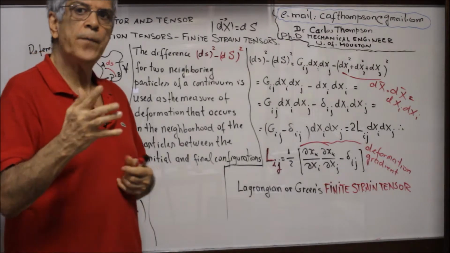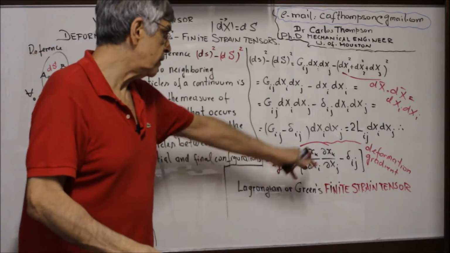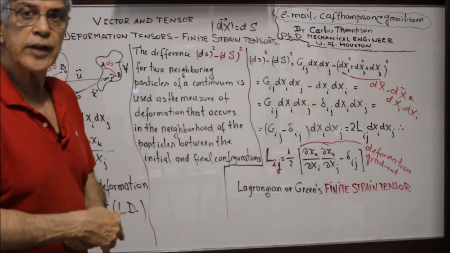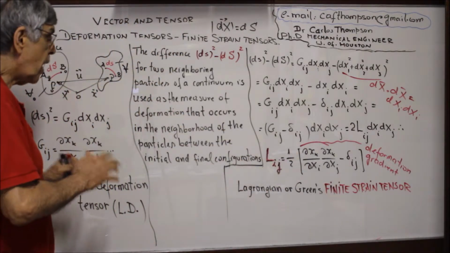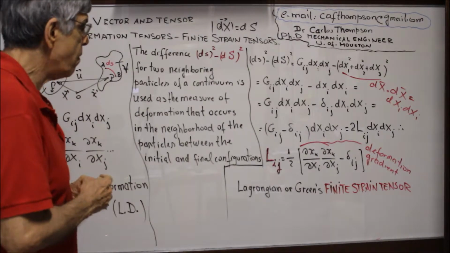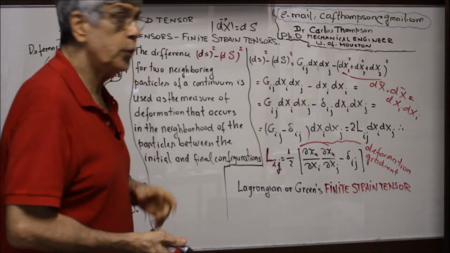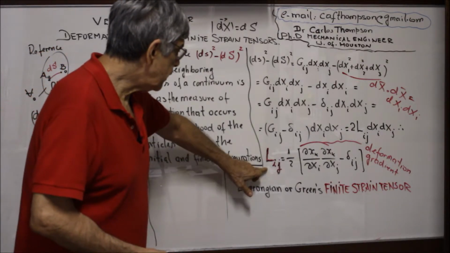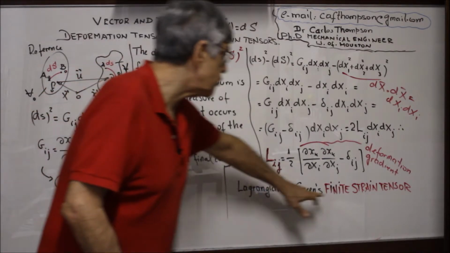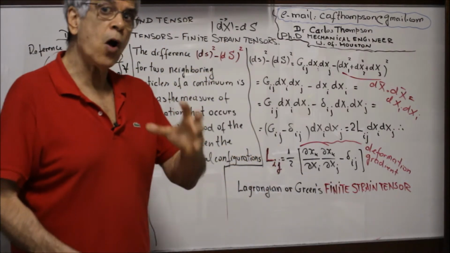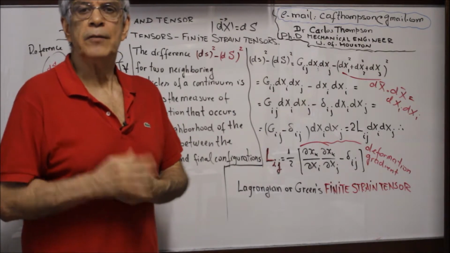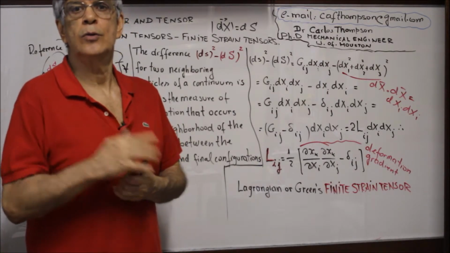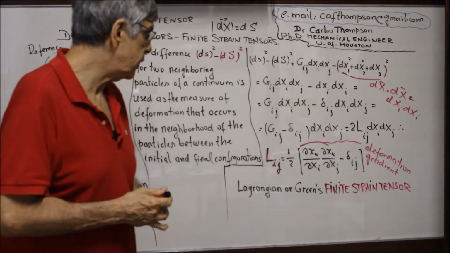We have done this in previous lectures, so no problem. Now I want to represent this second order tensor, the finite strain tensor, in terms of the displacement vector components, U. Let's do it.